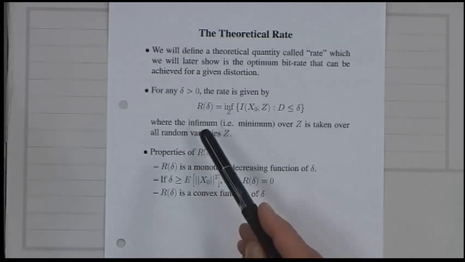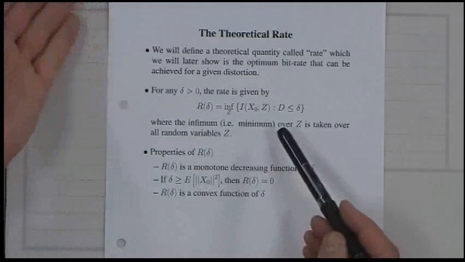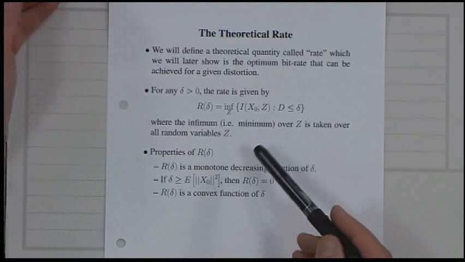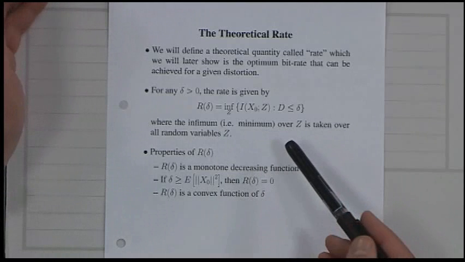For every delta, we get a rate. Now this could be just an exercise in coming up with weird equations to write on a piece of paper to argue about their existence.